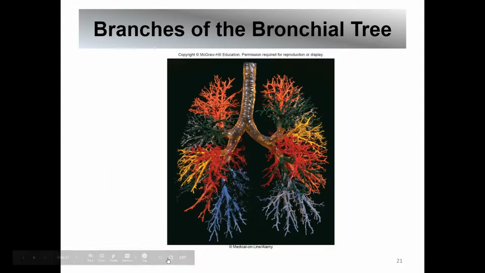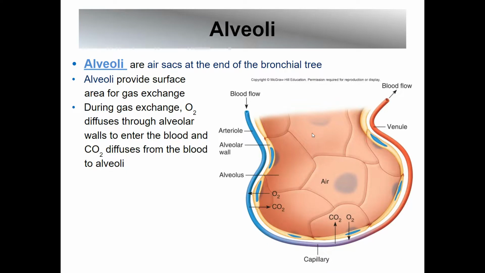Here's a dyed image of the bronchial tree. You can see off of each bronchus how those branch out, eventually leading to the alveoli. These are really important with gas exchange. Obviously, they're vital to it. These are air sacs at the end of the bronchial tree.